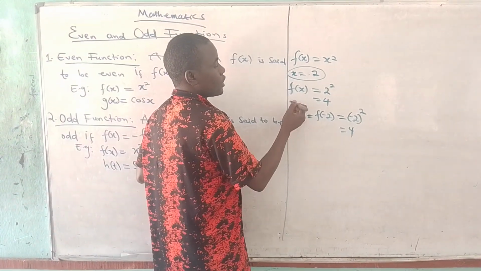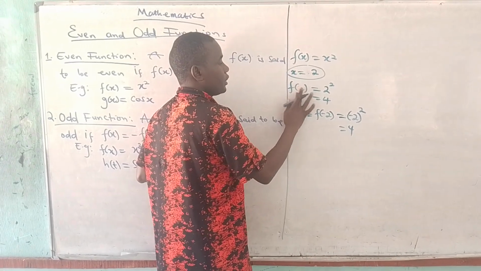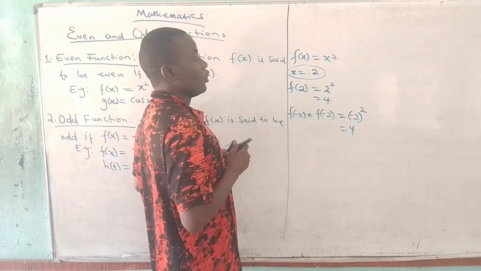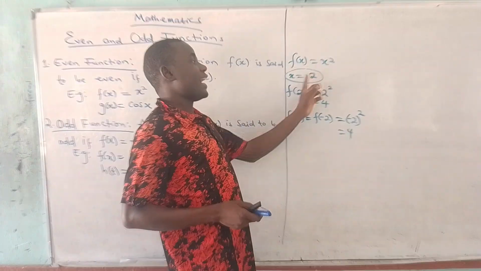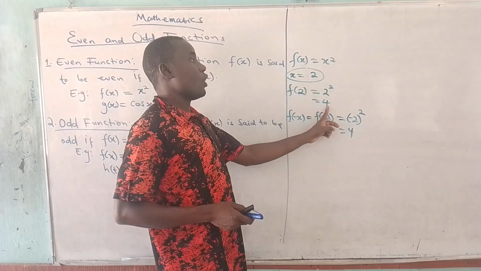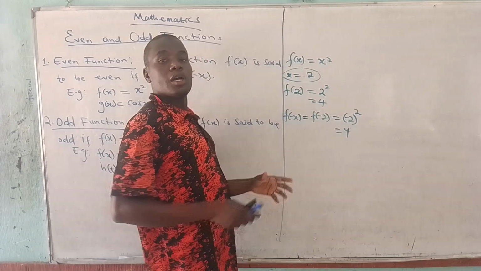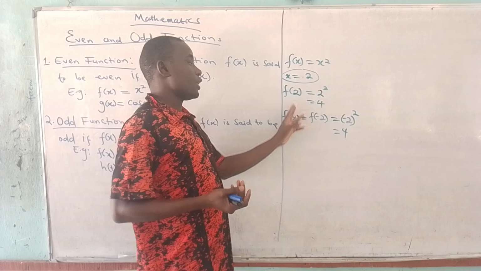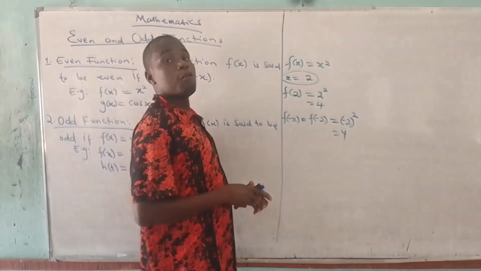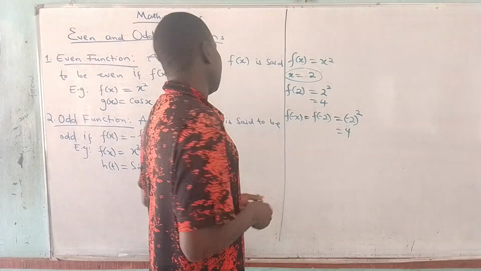So the value of the function f of x equals x square at x equals 2 is 4, and at x equals minus 2 is still 4. So our function is even: at a positive 2 it is 4, at a negative 2 it is also 4.